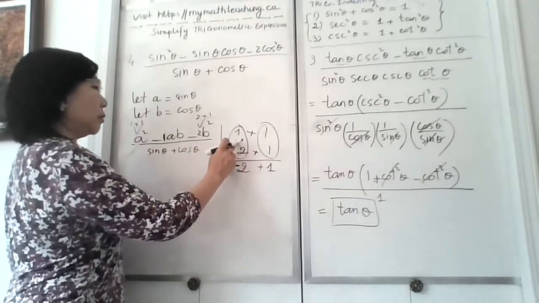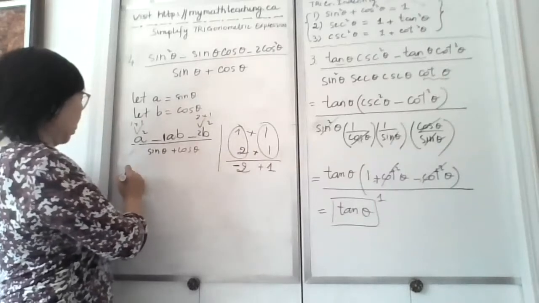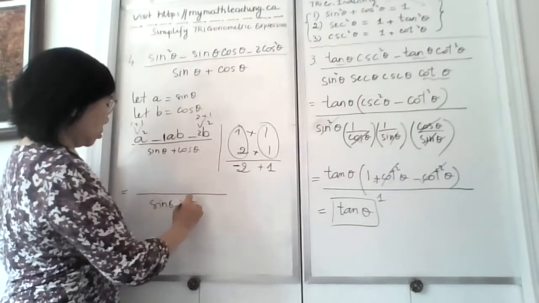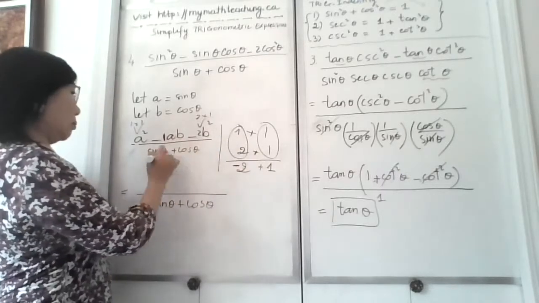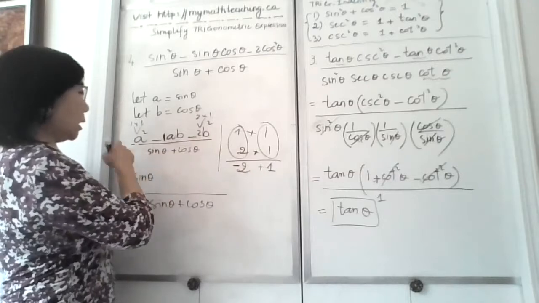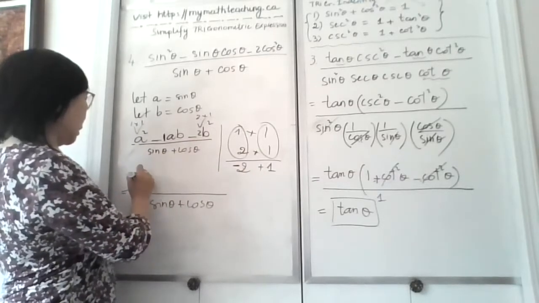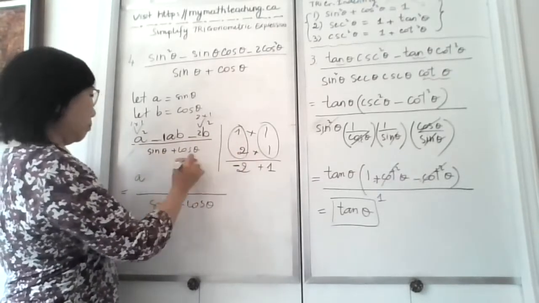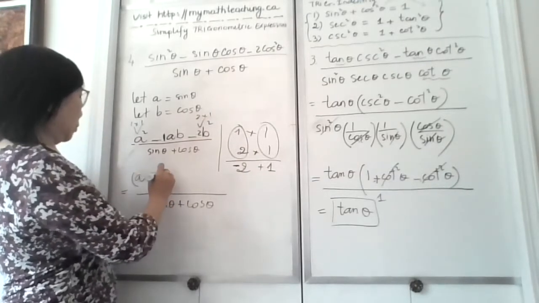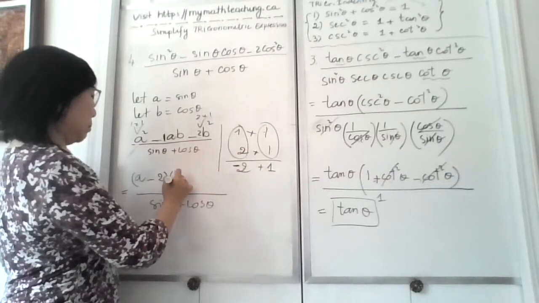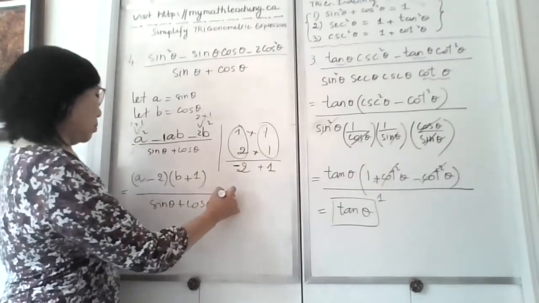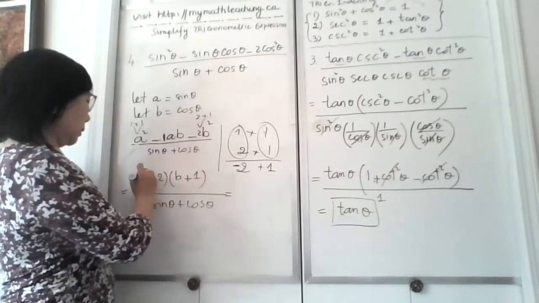I'm going to factor them into two brackets. The bottom is still sine theta plus cos theta. In the first bracket, the first term is A, with minus 2 and plus 1 as the signs.